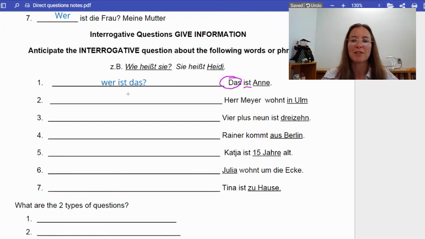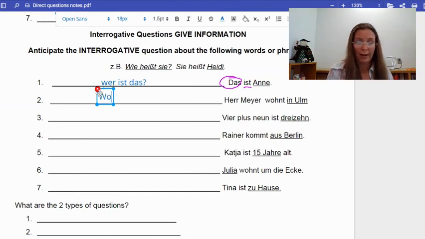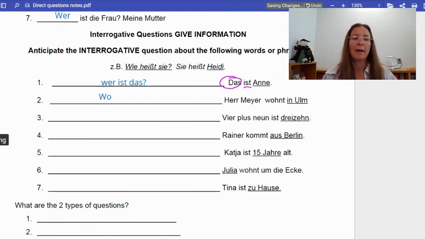Okay? Try Nummer 2. Herr Meier wohnt in Ulm. Okay? Ulm, it says in Ulm, and that's a city. Think about cities as a location. What question word do I use with locations? Well, usually I use the question word wo, right? Where? Now, if I look back in my sentence here, my verb is wohnt. My subject is Herr Meier.